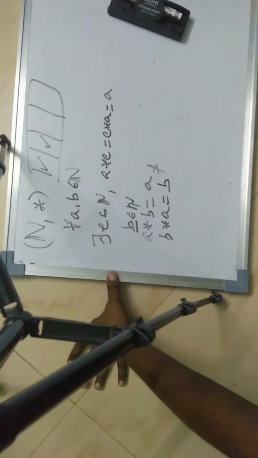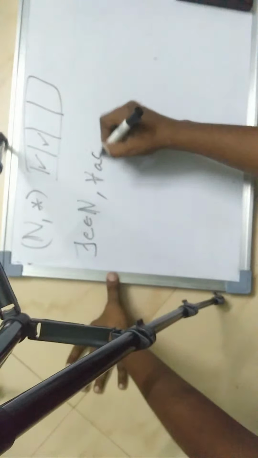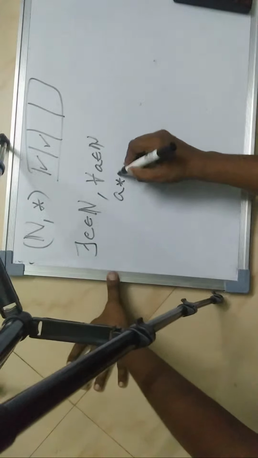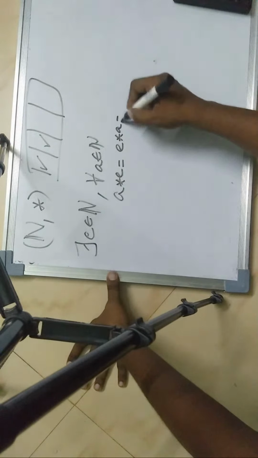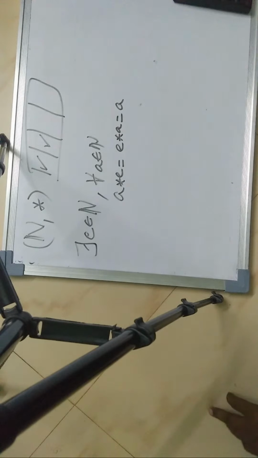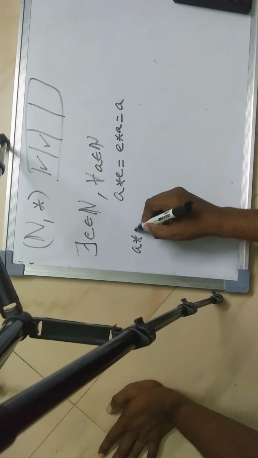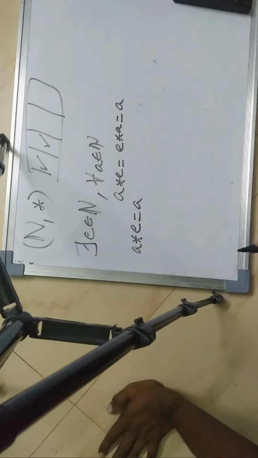Right? So, by definition, maybe we'll rewrite the definition of identity such that given any A in natural numbers, A star E equal to E star A is equal to A. Now, if suppose we had found a natural number E in N, then A star E will be A, obviously.